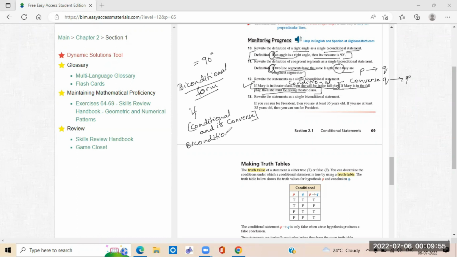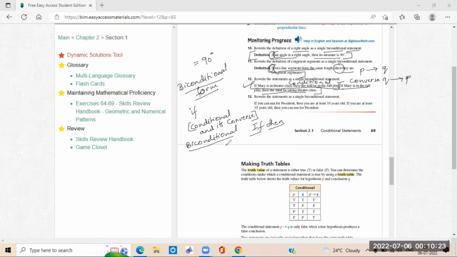So if you want to write the biconditional, you go for the conditional statement, and from the conditional, you can directly write the biconditional statement. While writing the biconditional statement, you don't have to interchange the hypothesis and the conclusion. They are going to remain in their positions. Only you have to see that "if and only if" comes by taking out that "if then" part.